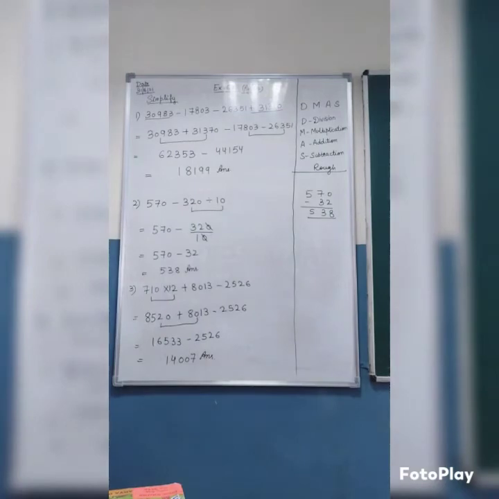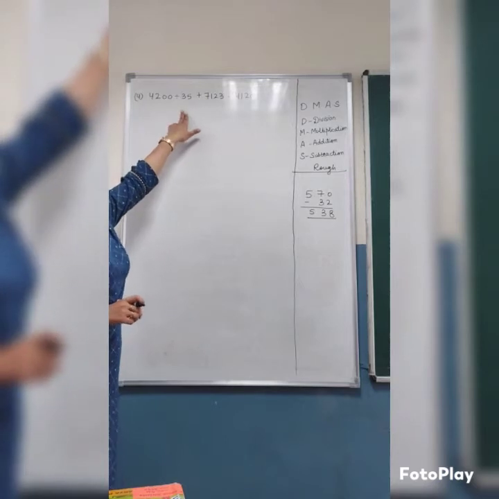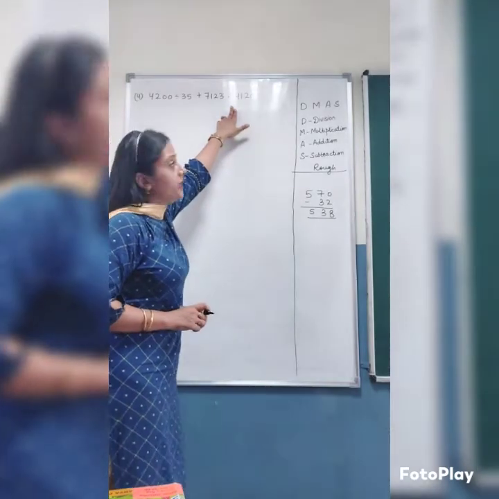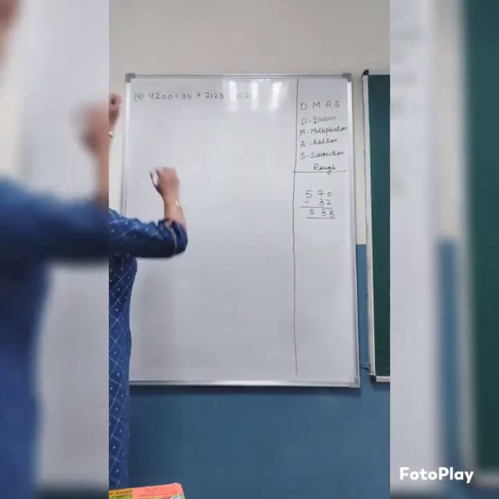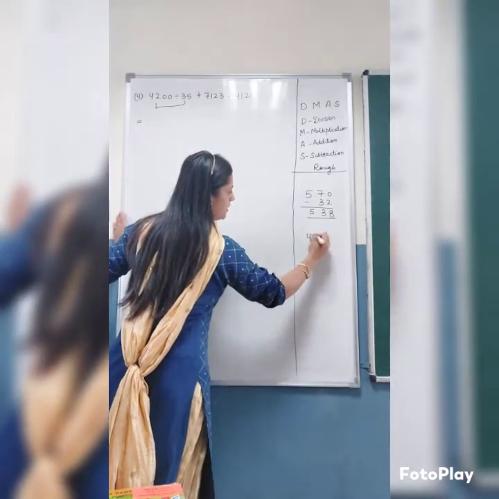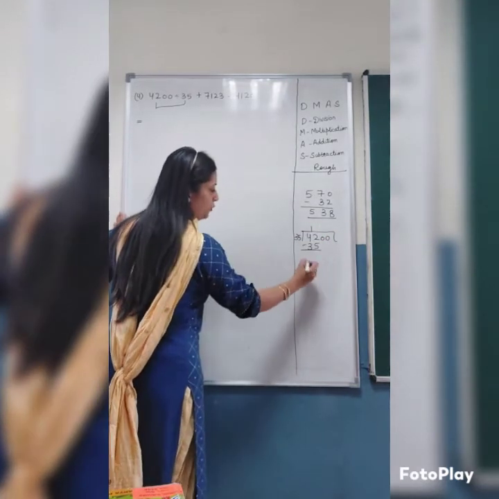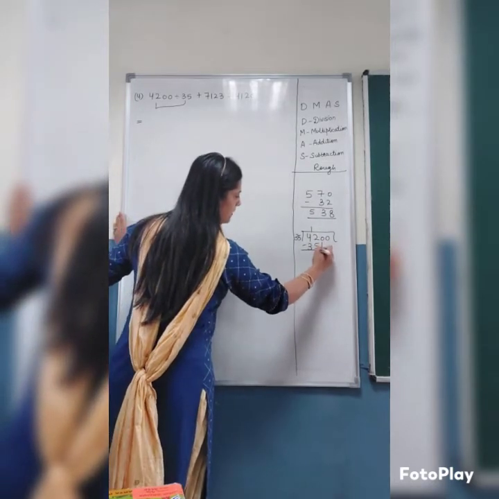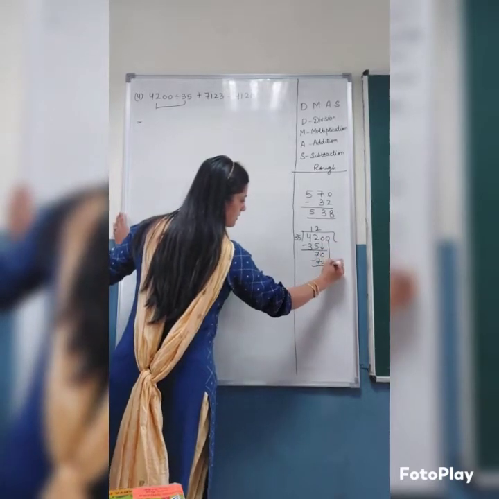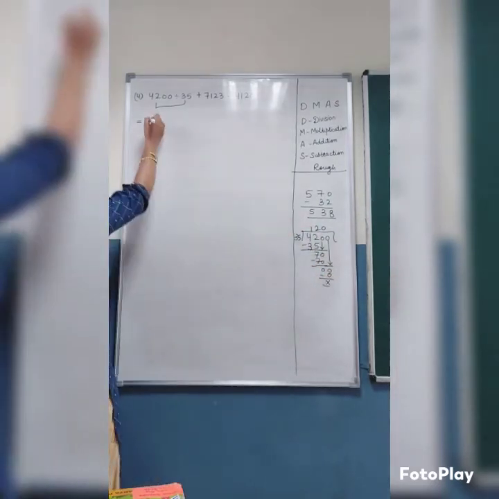Clear? Everyone? Now the next part is 4200 divided by 35, then add 7123, then subtract 4120. First of all we have to divide both the numbers. 4200 divided by 35: 35 twos are 70, drag down the 0, 35 zeros are 0. The answer is 120.